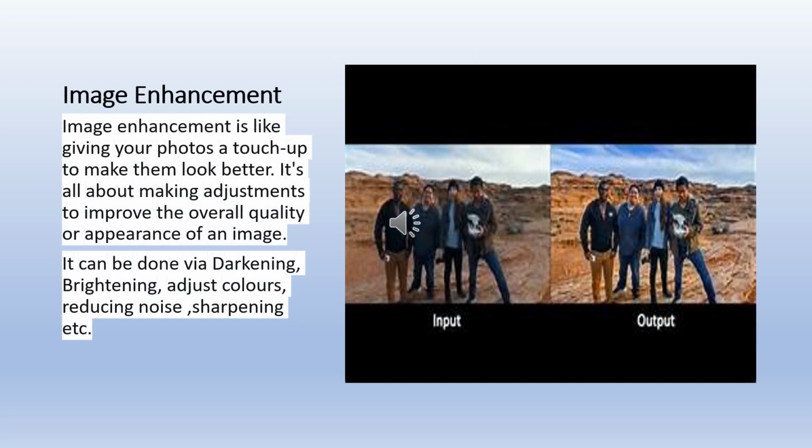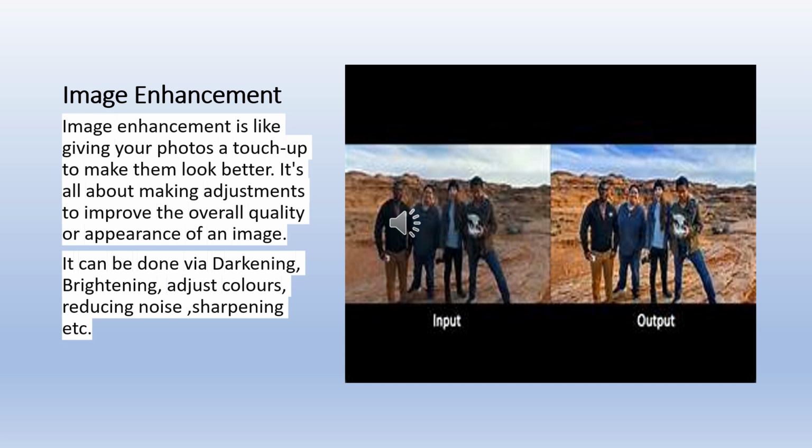Enhancement, by the word itself, means making a picture nicer. Here we can see the input was a little discolored and had more noise, whereas the output is really fair with bright colors. Basically, it gives a touch-up to the picture to make it better.